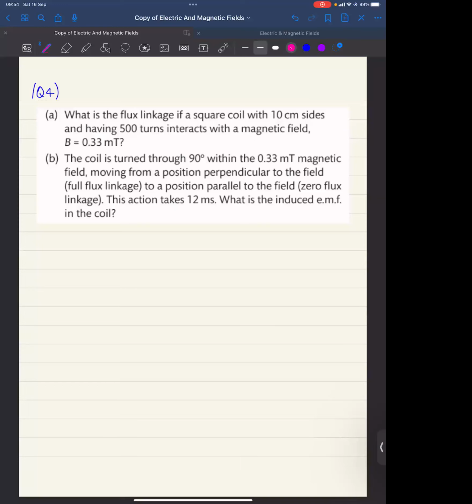Part B. The coil is turned through 90 degrees within the field, moving from a position perpendicular to the field to a position parallel to the field.